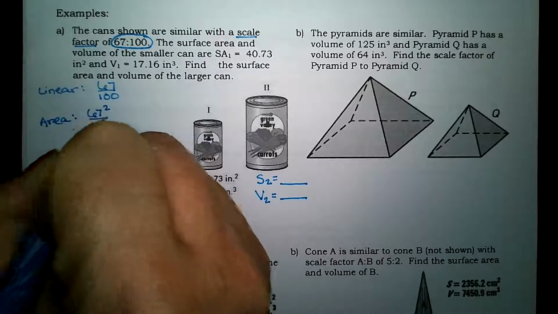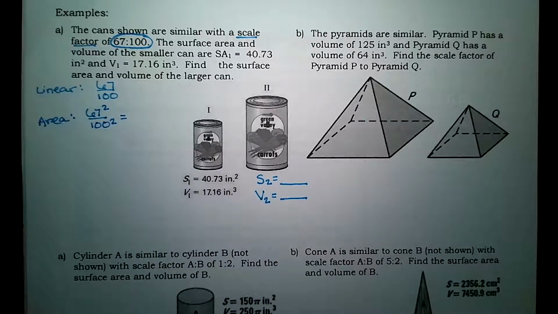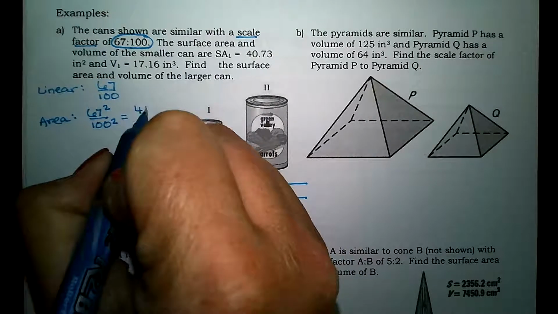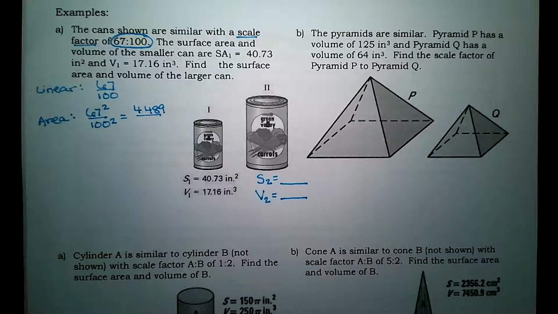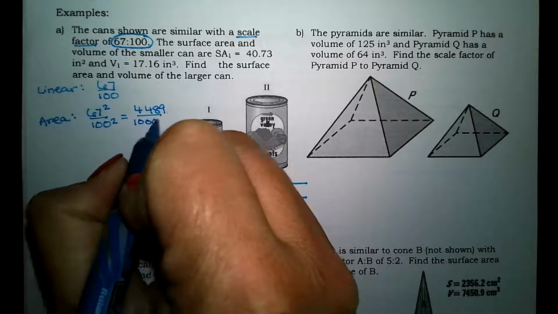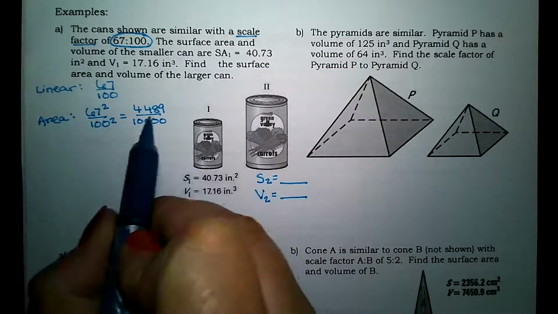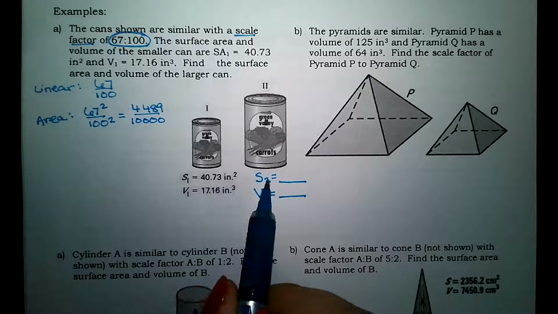67 squared over 100 squared is going to be a big number. Check this out. 67 times 67 is 4,489. 100 times 100 is 10,000. This is the ratio I can use for surface area.